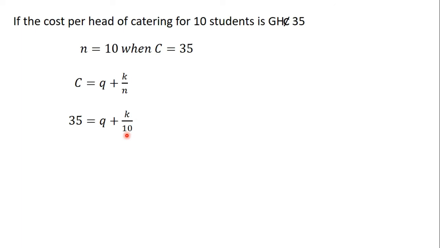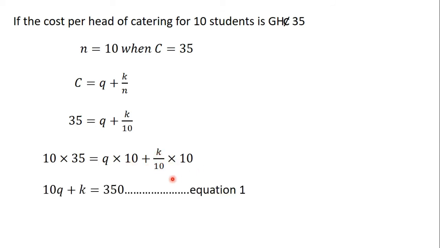When we were learning linear equations, we learned how to do this. So this will give us 10 times 35 is equal to Q times 10 plus K divided by 10 times 10. And when we simplify, we will have 10Q plus K is equal to 350. This is the first equation.